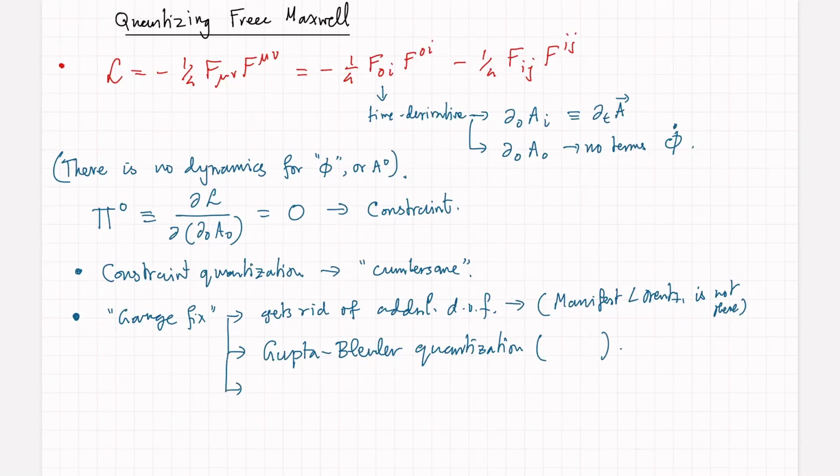But we will prefer to quantize using path integrals, simply because all of these canonical quantization methods become extremely difficult, if not impossible, when you go to non-abelian gauge fields or the Yang-Mills fields. And there, what works best is the path integrals.